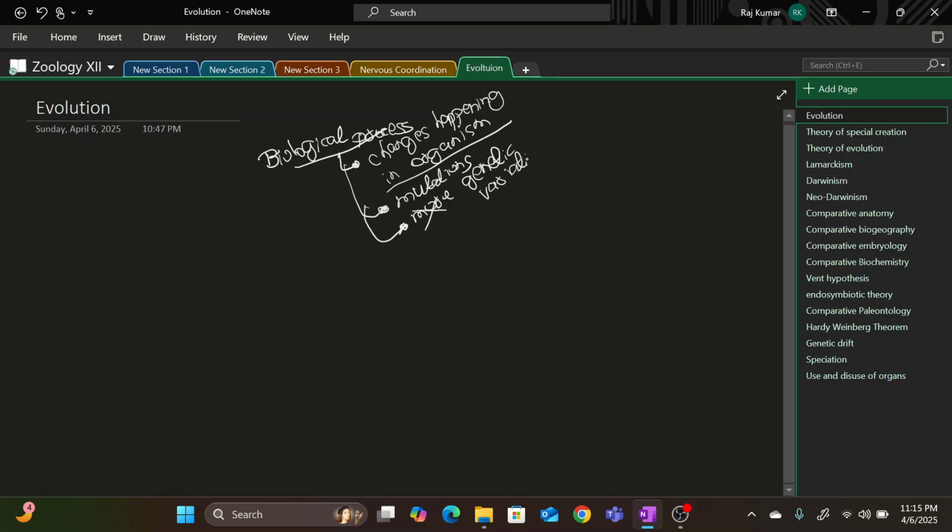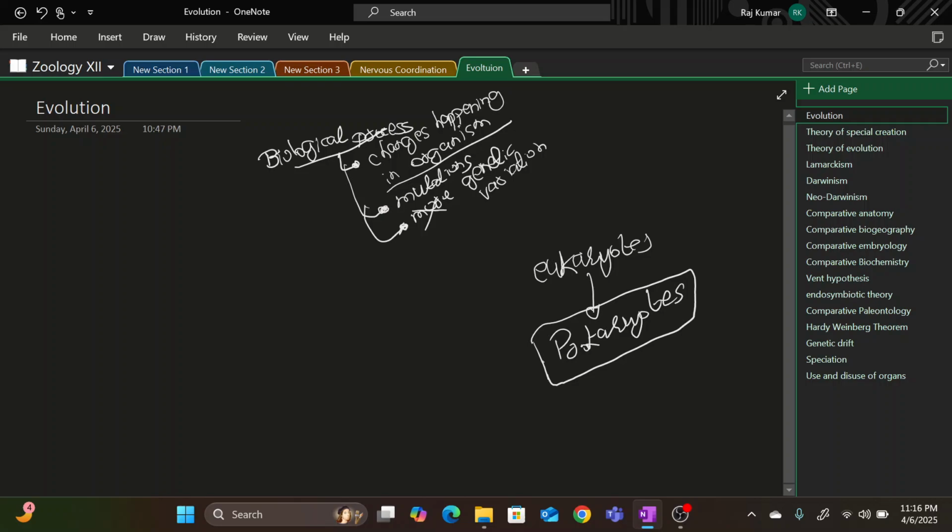For example, if we take the example of eukaryotes, they evolved from prokaryotes. We all know the fact that eukaryotes evolved from prokaryotes. Now the question arises: since eukaryotes have arisen from prokaryotes, what caused that change to happen?